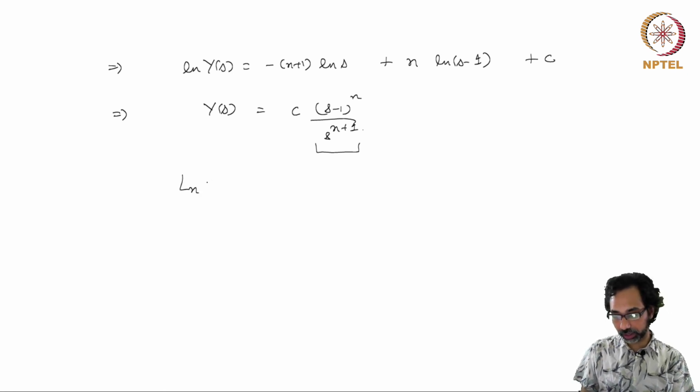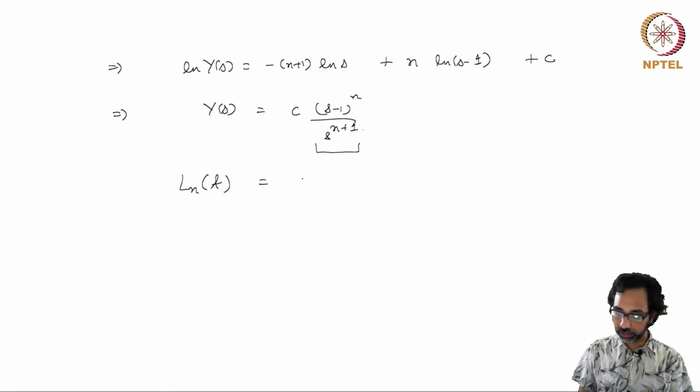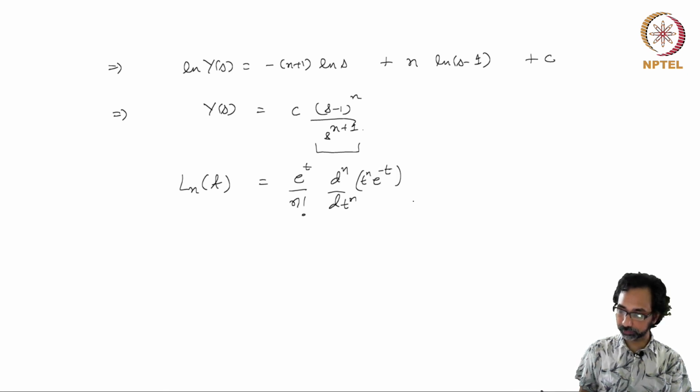So remember that the Laguerre polynomial for n is given by the formula e to the power t over n factorial, the nth derivative d^n over dt^n of (e to the power minus t times t to the power n). So this was our nth Laguerre polynomial.